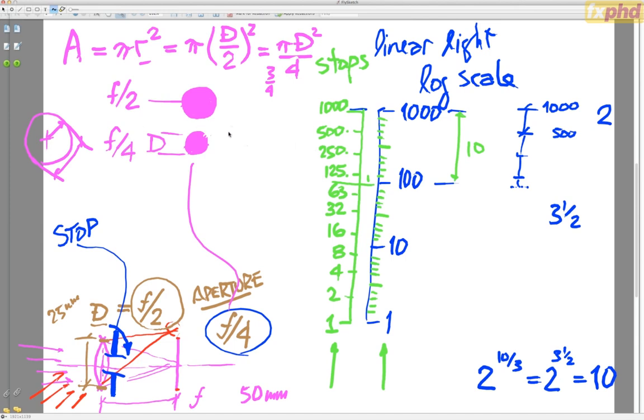So if we want an intermediate situation here, we need to pick a number which, when it's squared, well, if you square that, the diameter of this is 1/2. The diameter of this is 1/4.